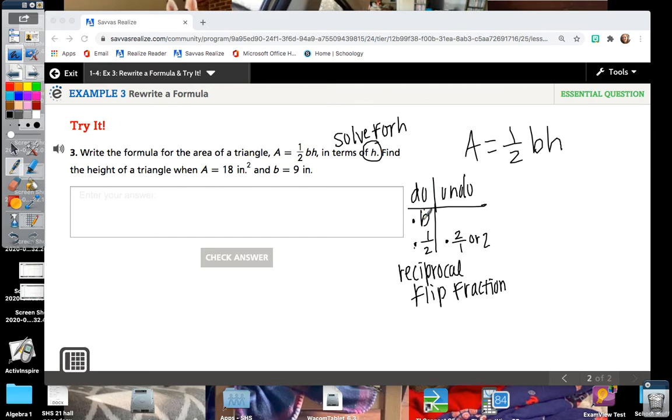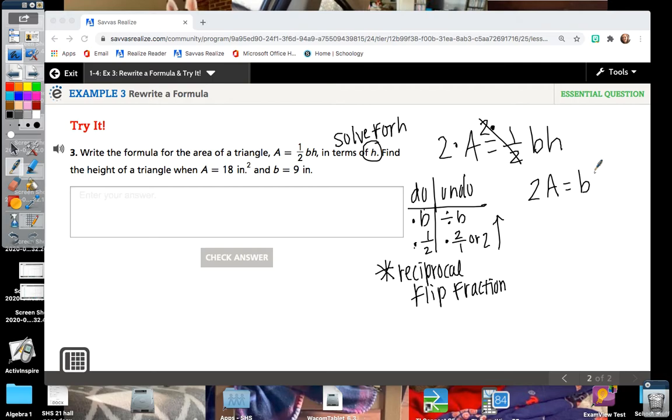And then instead of multiplying b, we're going to divide b. You can divide the fraction, but that can make it harder to get your answer. So I would recommend multiplying by your reciprocal. Just means flip your fraction upside down. So instead of 1/2, I'm going to multiply by 2, which will cancel it out. And then put it on the other side.